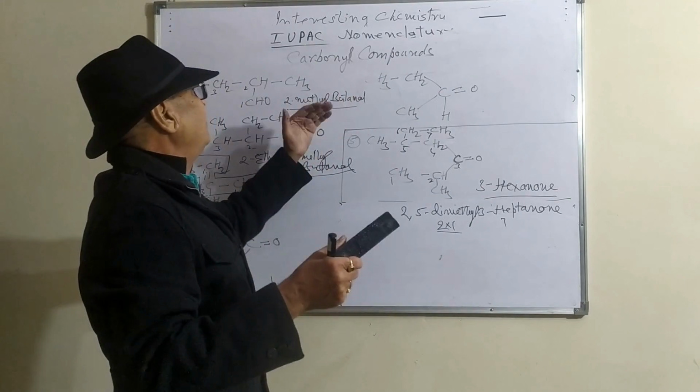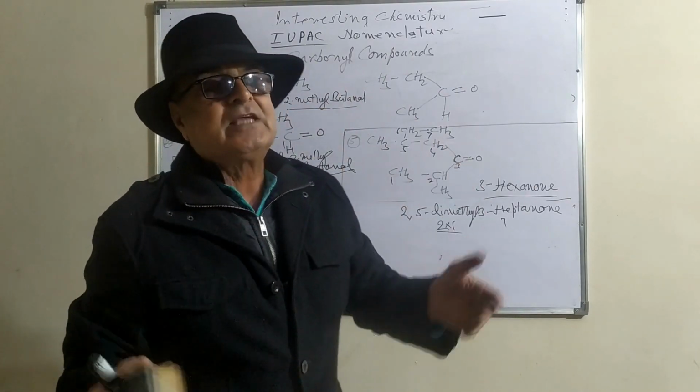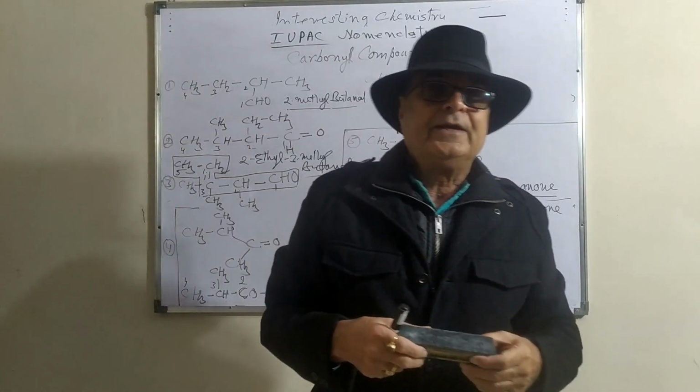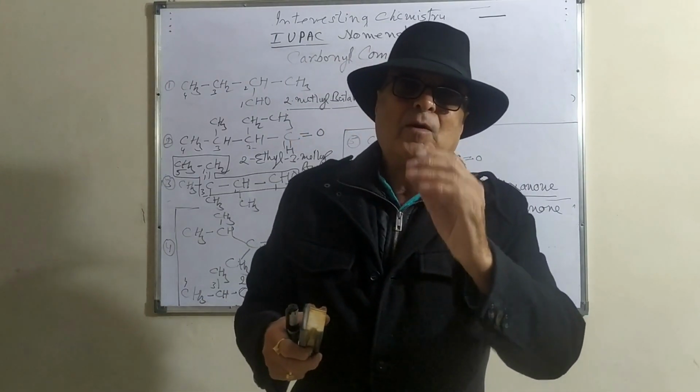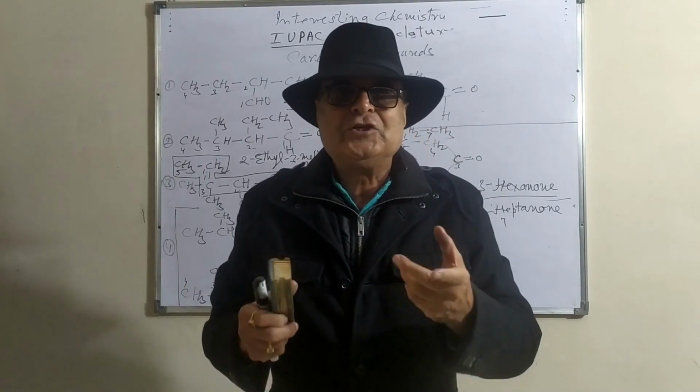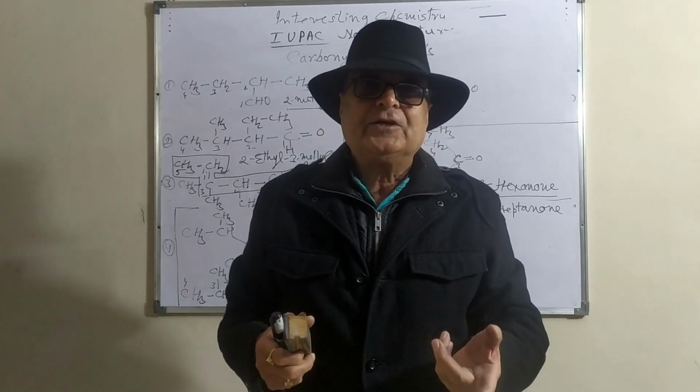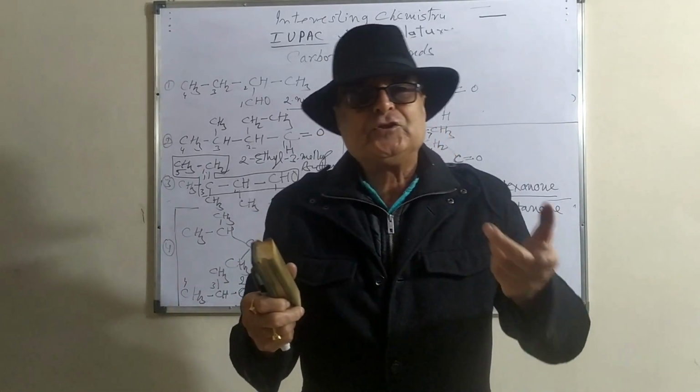So here I have told you, taking some examples of the carbonyl group, and now I am going to tell you about the concept of seniority, and the prefix and the suffix.